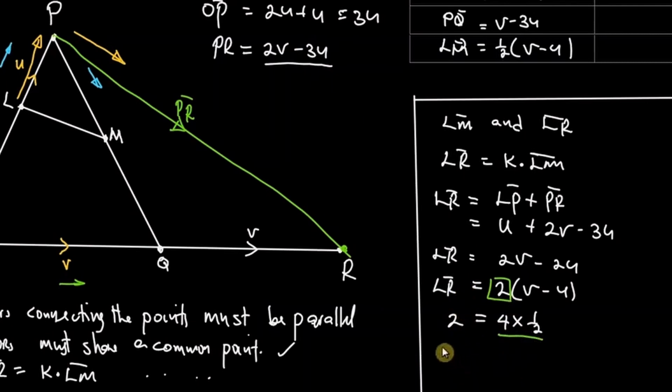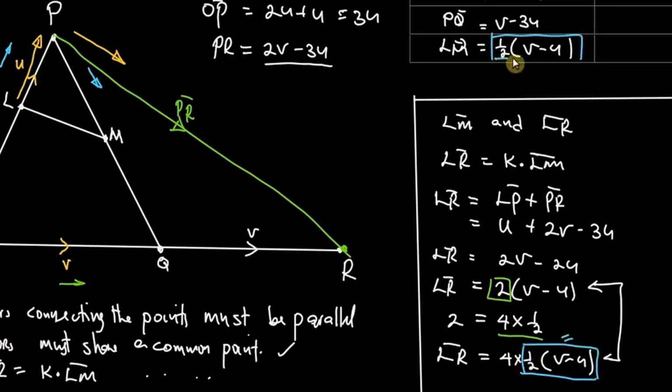So we can rewrite LR, the vector LR, as 4 times a half into v minus u, which is the same as 2 into v minus u. Mathematically these two are the same. But what is now interesting is that this portion is the same as LM. So this is LM, the vector LM.